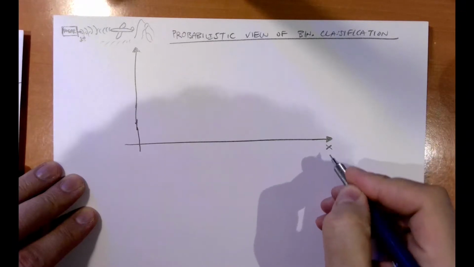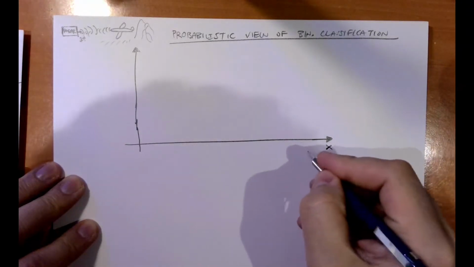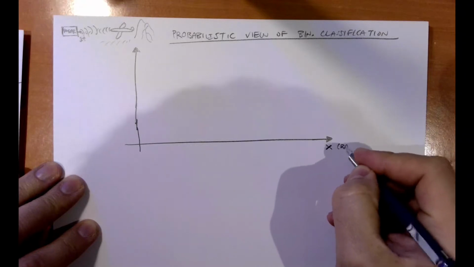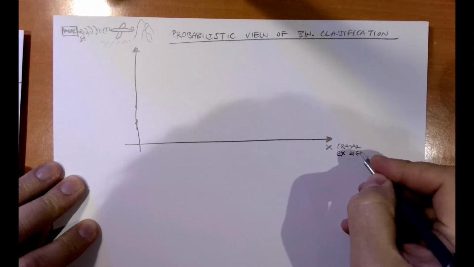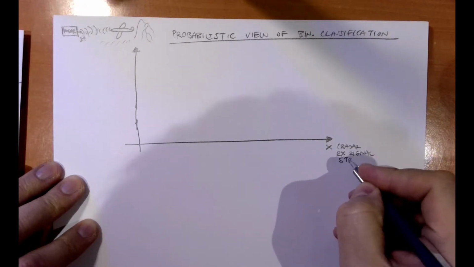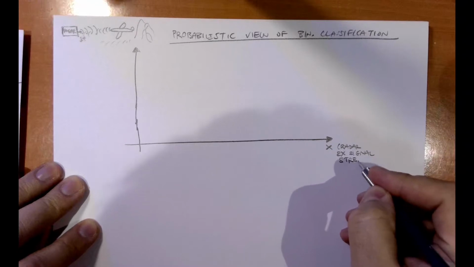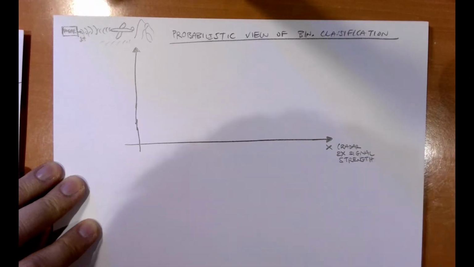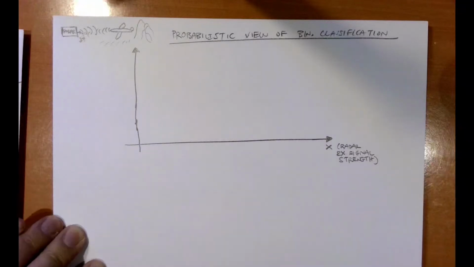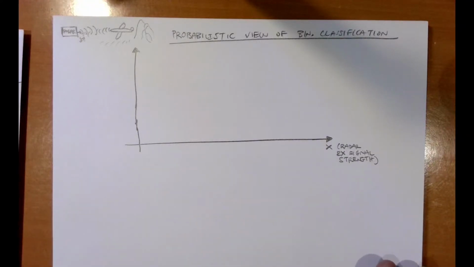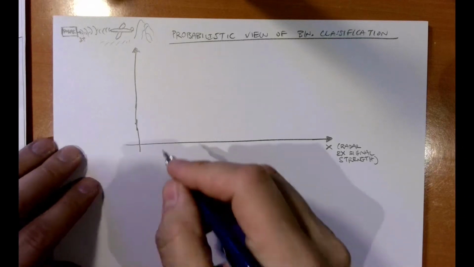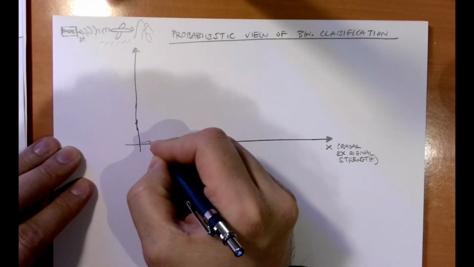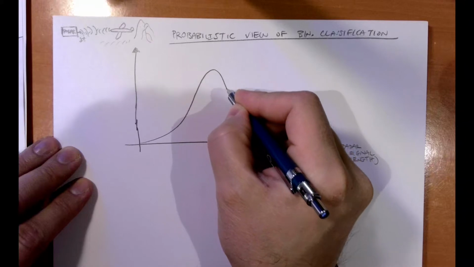So if I have on this axis the radar received signal strength, let's call it, I will be observing something that consists of two possibilities. Sometimes, on a day when no planes are coming, I will probably be observing some kind of probability distribution like this.